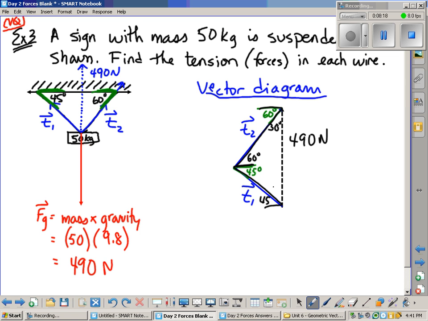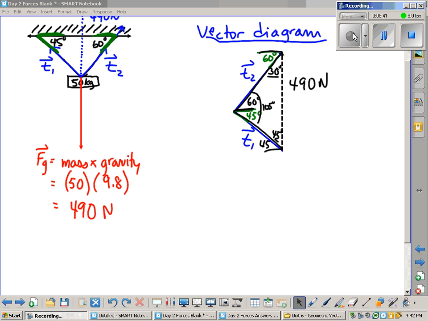So there's 45, which 90 minus 45 is 45 there. That's just happened because it was 45. If this was 40, of course, that wouldn't work. But you'll now notice that there's 30, there's 45, and these two add together to 105. And I have all the angles necessary in my diagram to solve for T1 and T2.